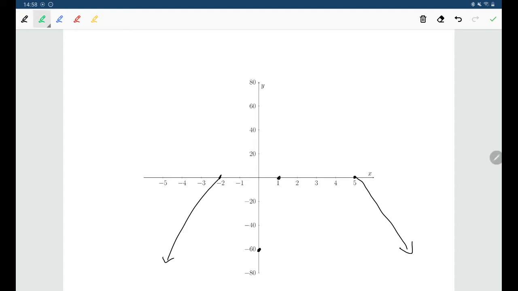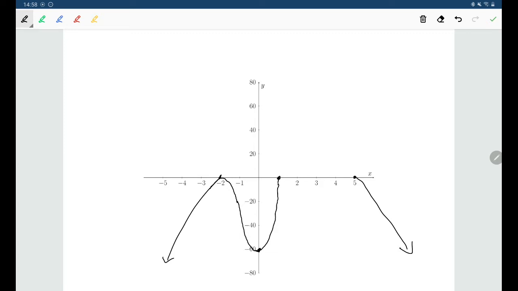We knew that at 1 and at 5, this is where we're supposed to cross the x-axis. At -2, that's where we're supposed to touch the x-axis. So let's put all of that together. At -2, we're supposed to touch the x-axis, which means that we're going to have to go down and make our way to the -60, and then we have to make our way up to the next x-intercept.